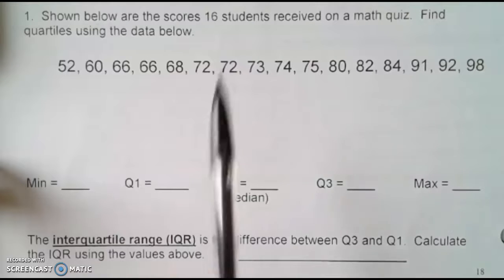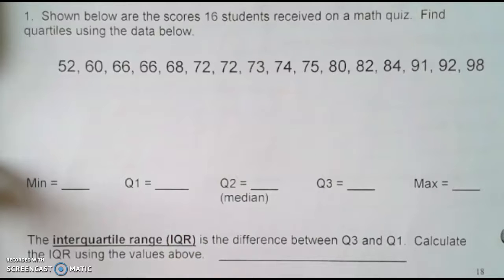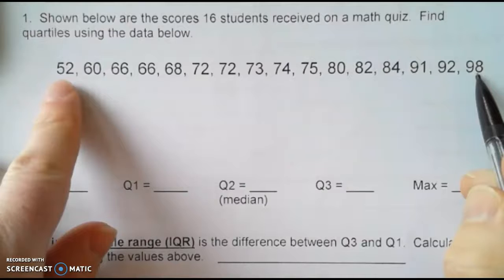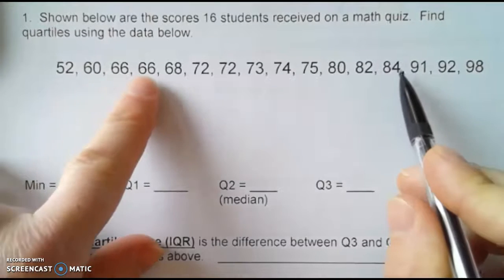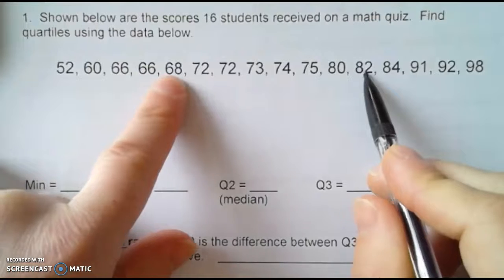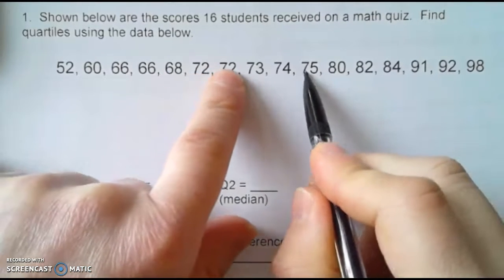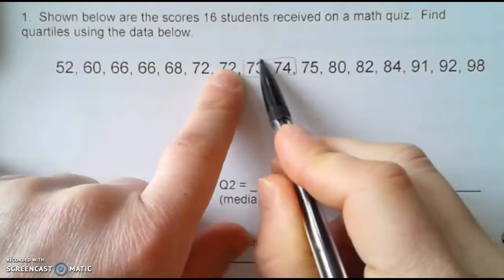And they told us that there's 16 pieces of data, so I know there's an even number of data, which means that two numbers are going to show up in the middle. So let's see if we can find those two numbers. I start at the ends, and I'm just going to move in one at a time until I can find out what the two numbers in the middle are going to be. Okay, and here I am. I can see that the two middle numbers are the 73 and the 74.